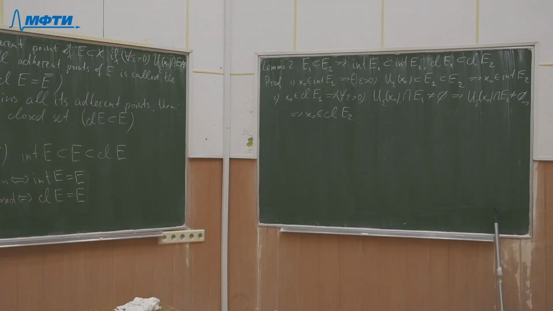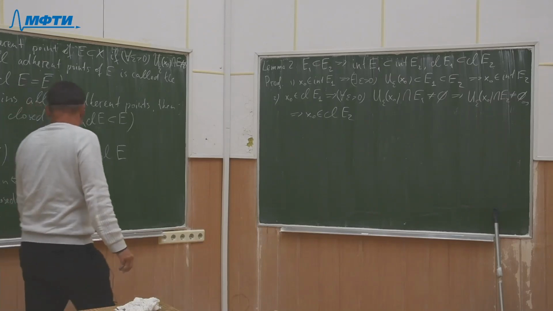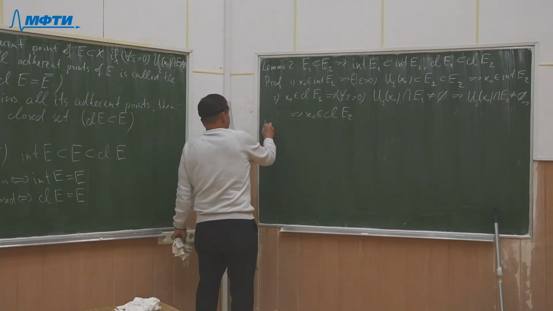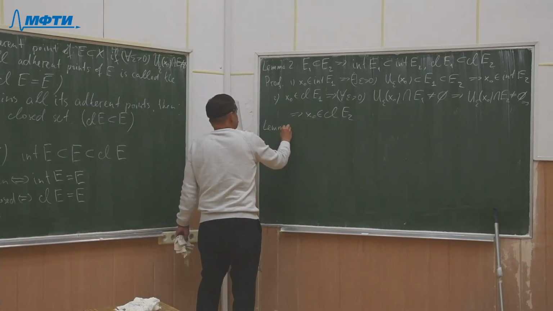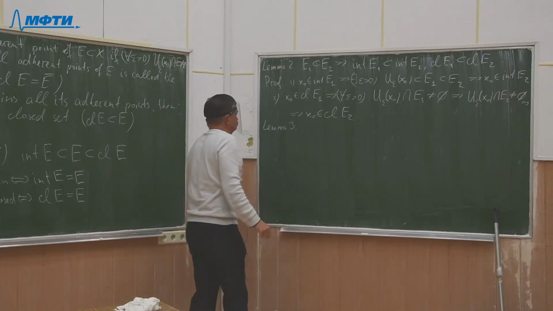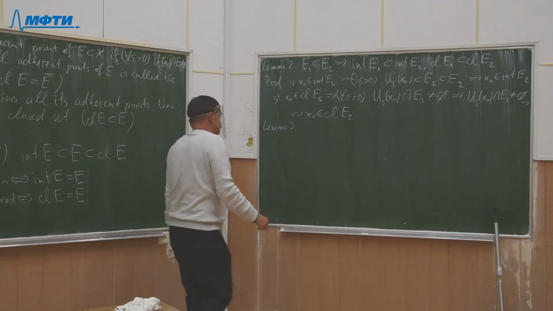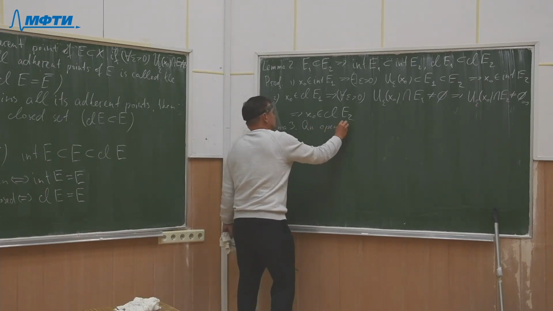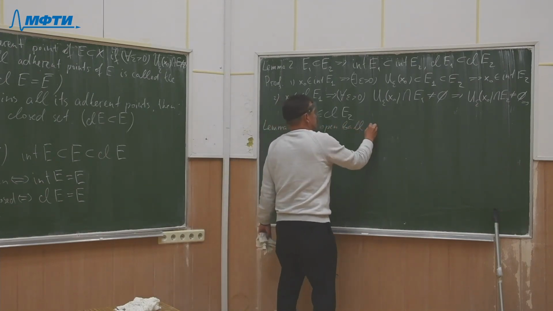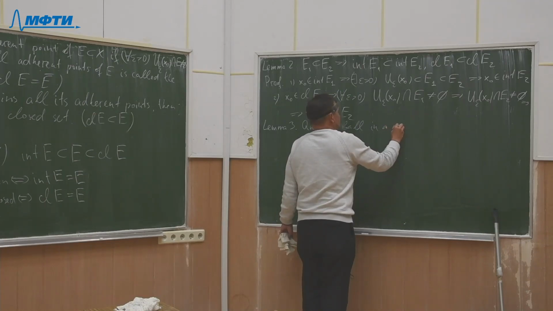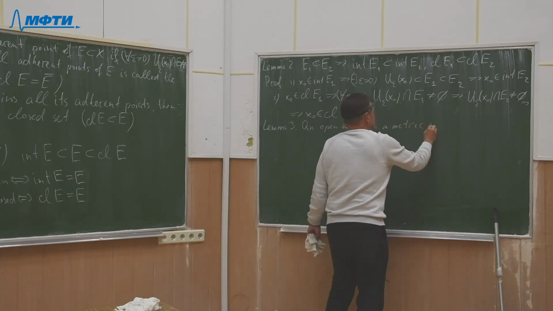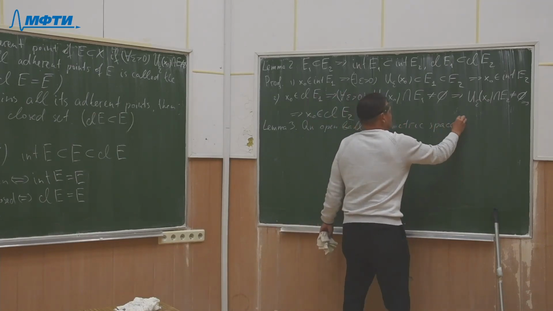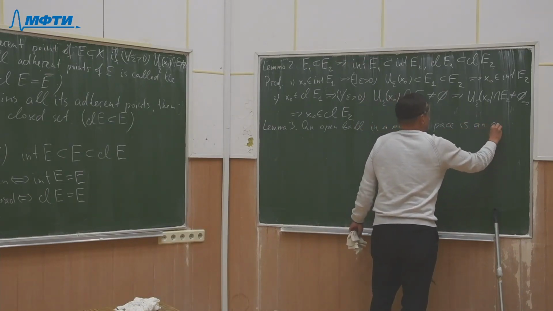The next property looks a little bit strange, because an open ball in a metric space is an open set.